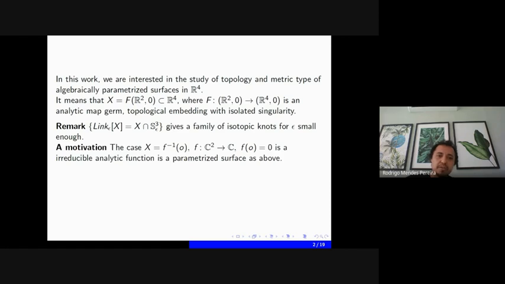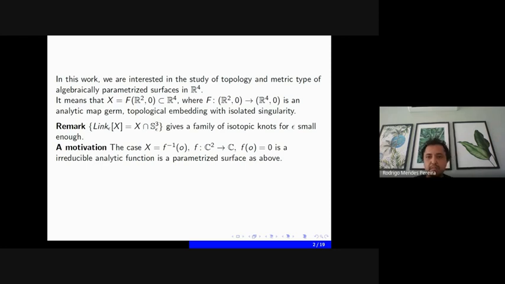Well, a motivation for this study is the classical case of complex curves. If you have a plane complex curve, given by the zero of an irreducible analytic function, it's always a parameterized surface as in the definition above.